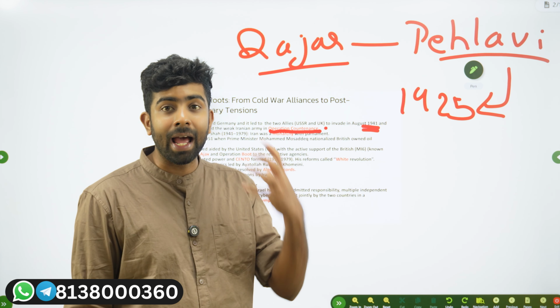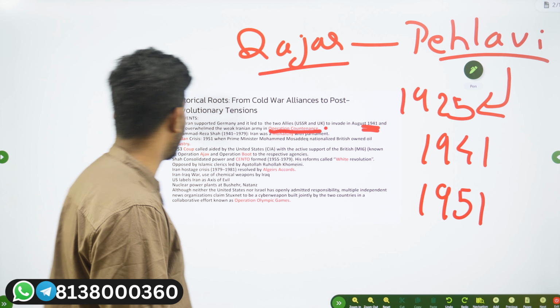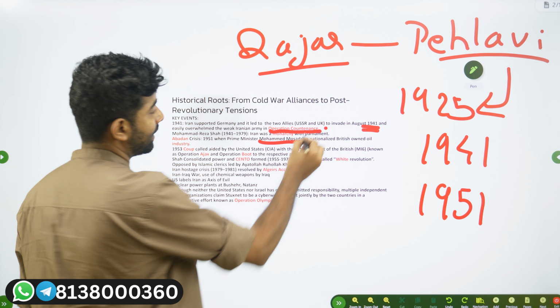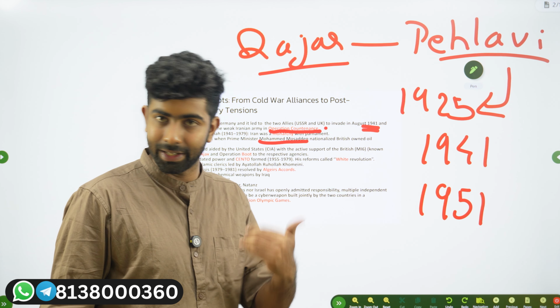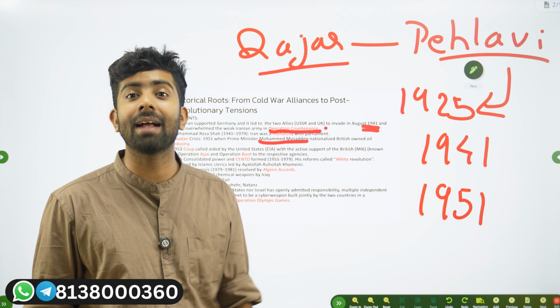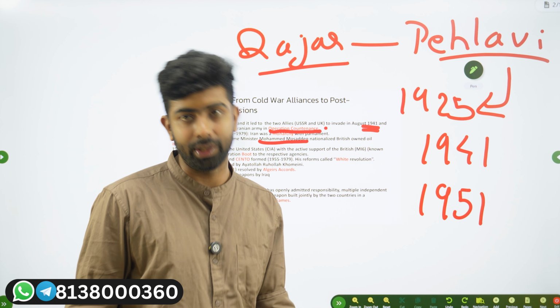In 1951, the Prime Minister of Iran at that point of time, Mohammad Mossadegh, nationalized the British-owned oil industry, which led to the Abadan Crisis. UPSC can simply ask a question: the Abadan Crisis was related to which of the following?